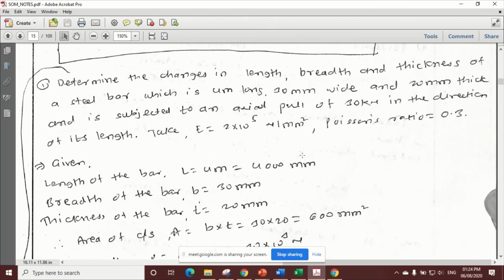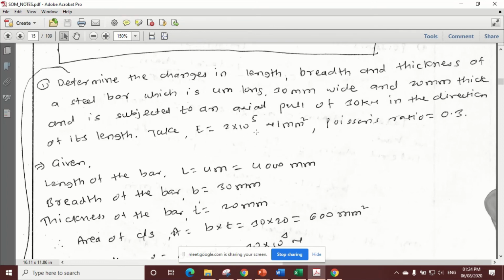Write down this numerical. Determine the changes in length, breadth and thickness of the steel bar, which is 4 meter long, 30 millimeter wide and 20 millimeter thick, and is subjected to an axial pull of 30 kN in the direction of its length.